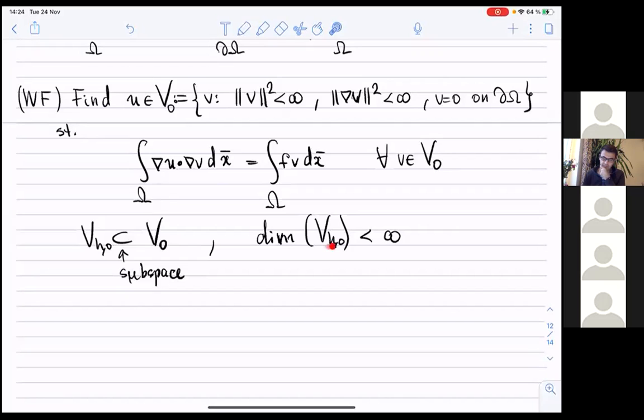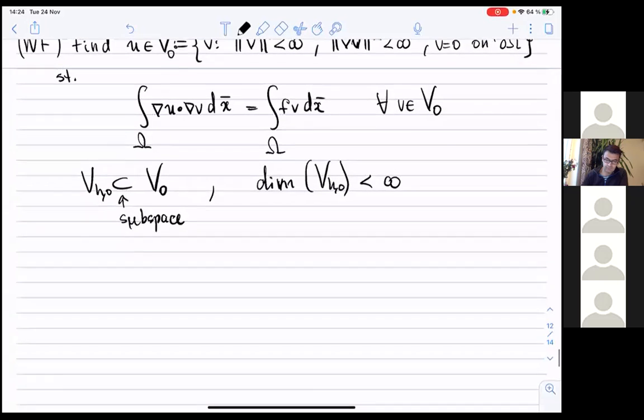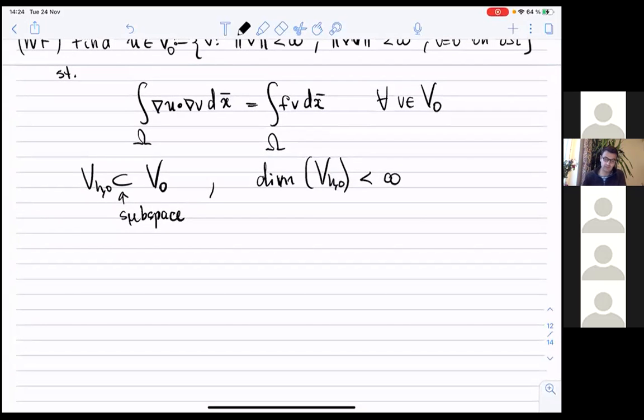I will not repeat how to construct this V_h0 because we did it in the previous lecture, and I just quickly went through. We have to triangulate the domain, and for each element on the domain, we construct a space of polynomial functions, and we glue everything. We make sure that it is continuous. So provided that you didn't forget how to do this triangulation, the space that we are considering is the following.